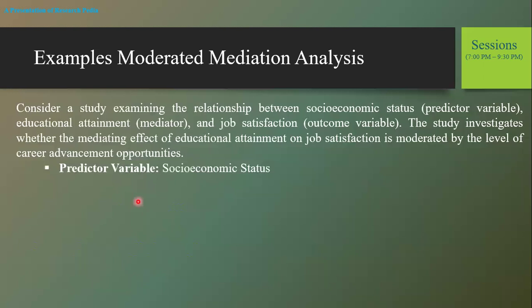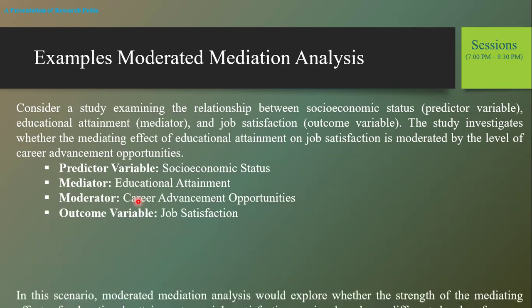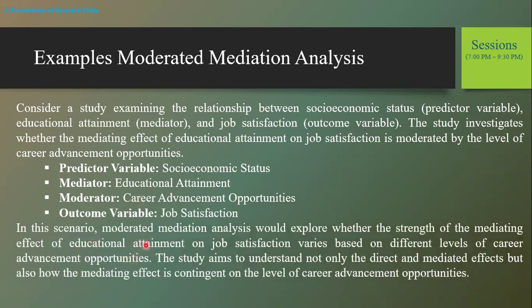So our independent variable would be socioeconomic status, our mediator would be educational attainment, our moderator would be career advancement opportunities, our outcome variable would be job satisfaction. In this scenario, moderated mediation analysis would explore whether the strength of the mediating effect of educational attainment on job satisfaction varies based on different levels of career advancement opportunities.